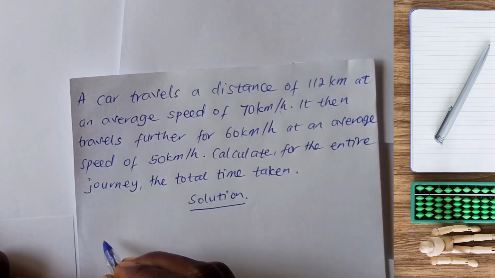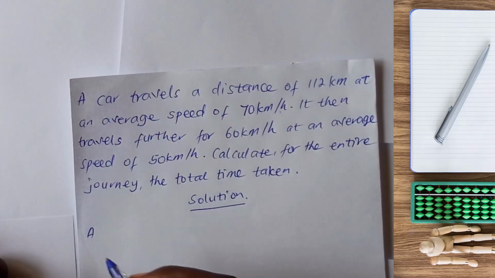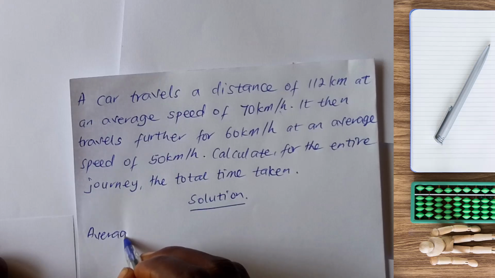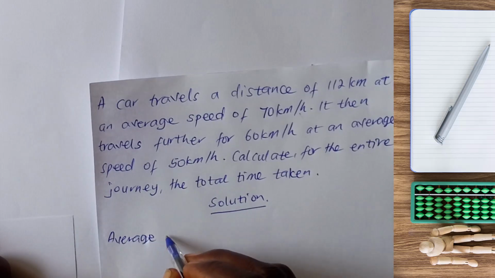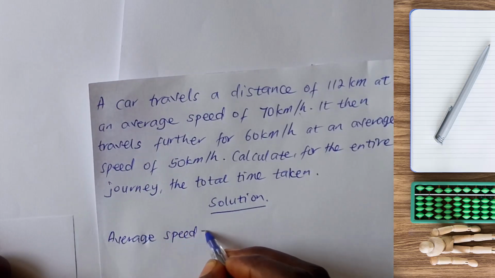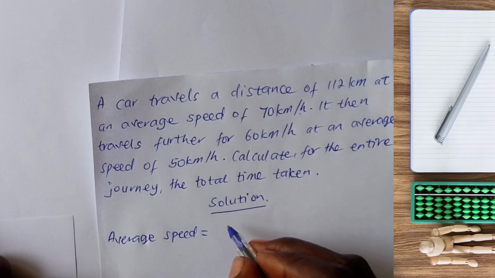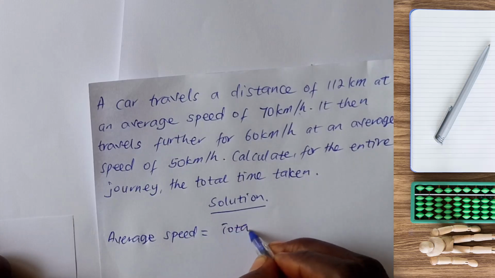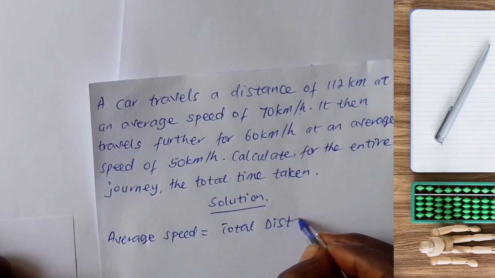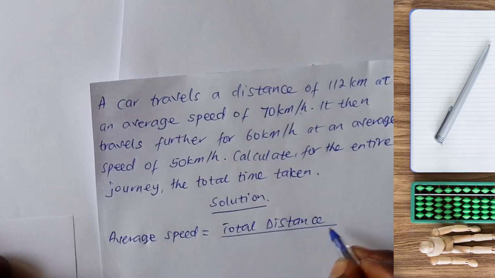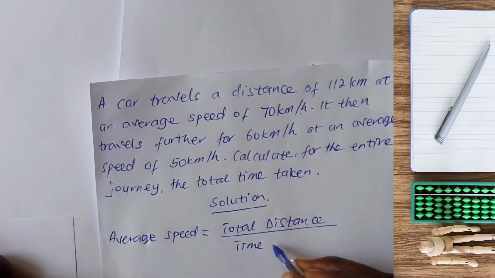So we have average speed giving us average speed. It is the total distance over the time taken.